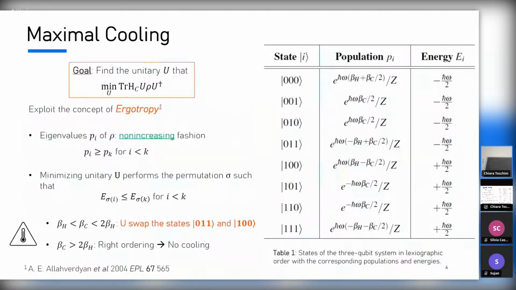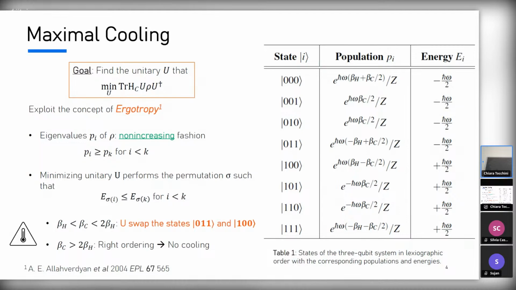So in this case it was found by Allahverdyan in this paper that the unitary evolution should be a permutation that maps the eigenstate of the rho with the highest eigenvalue to the eigenstate of the Hamiltonian with the lowest eigenvalue, and so on with the second highest eigenvalue of the rho with the second lowest eigenvalue of the Hamiltonian.